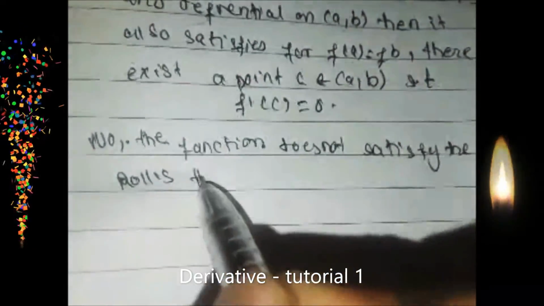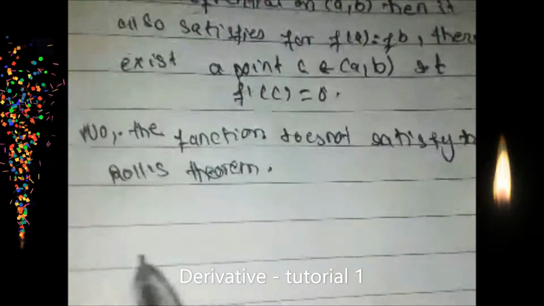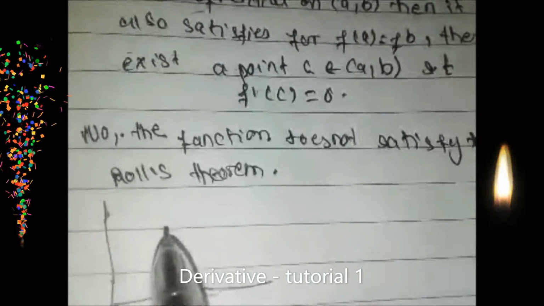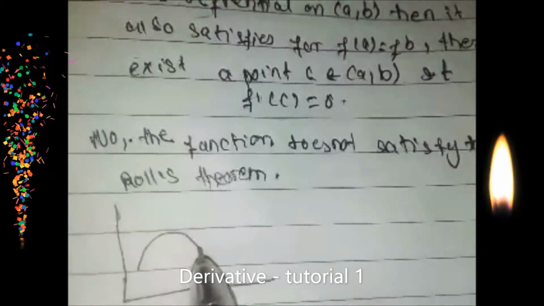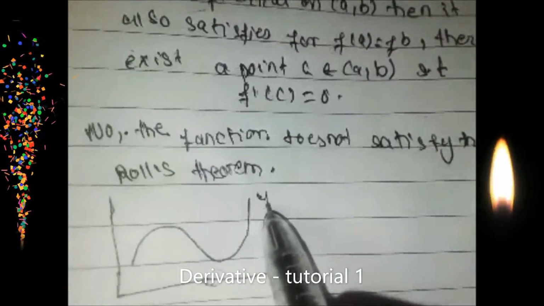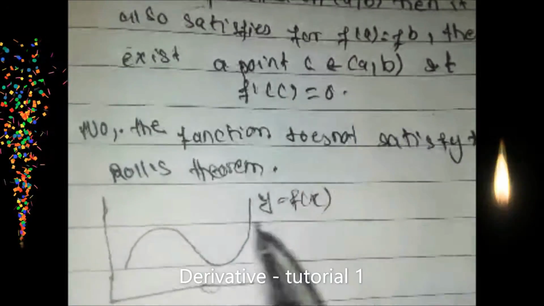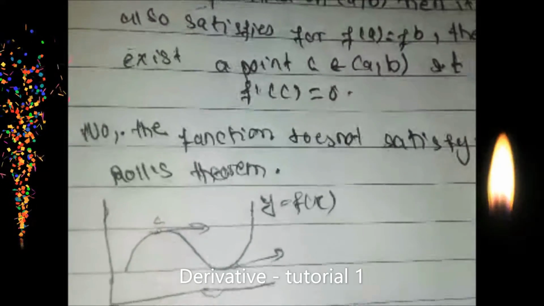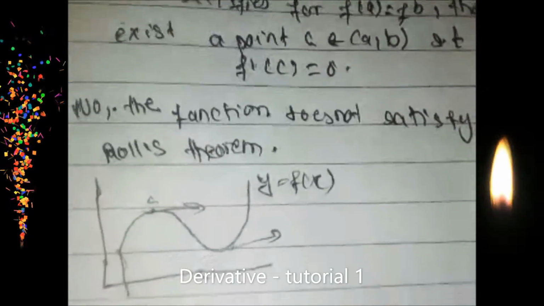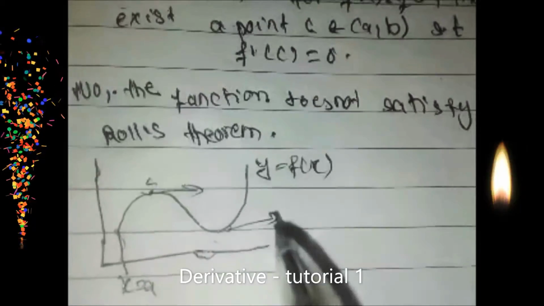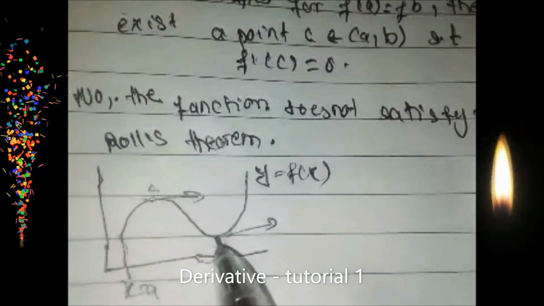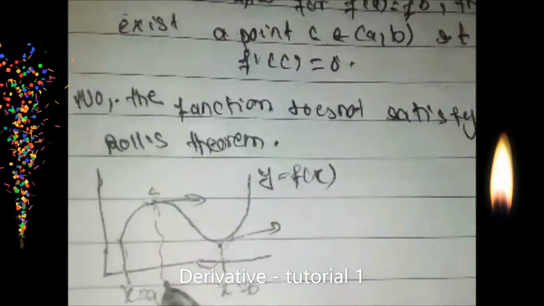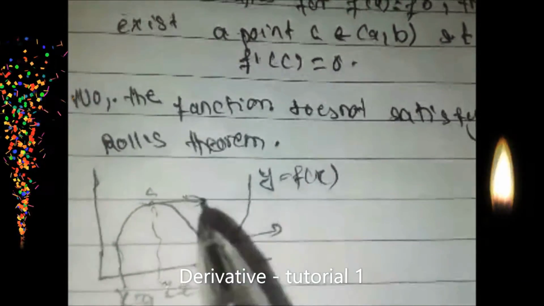Let's draw a curve. Let the curve be y = f(x). These are tangents. Let this be x = a, this end point b, x = b, and this point c, x = c.